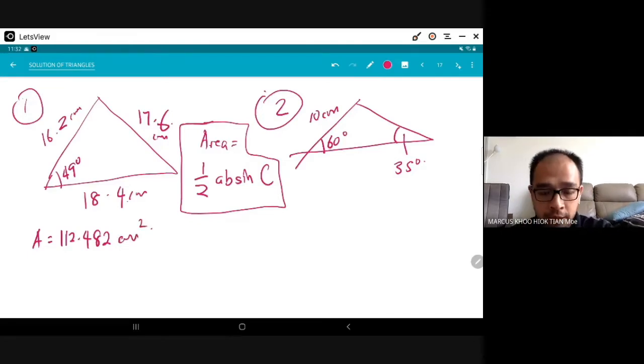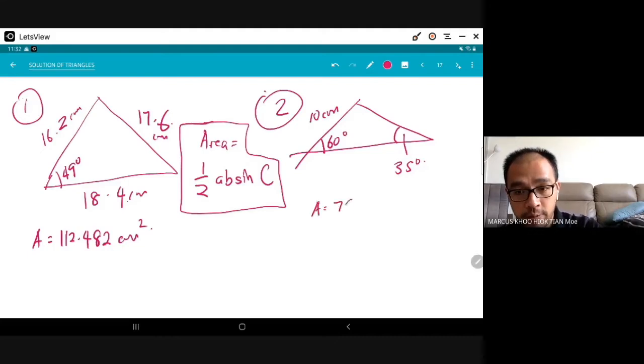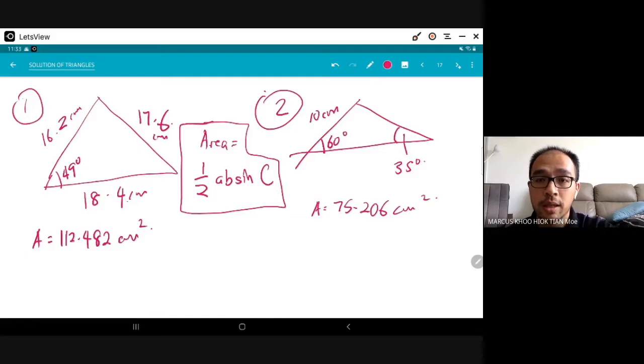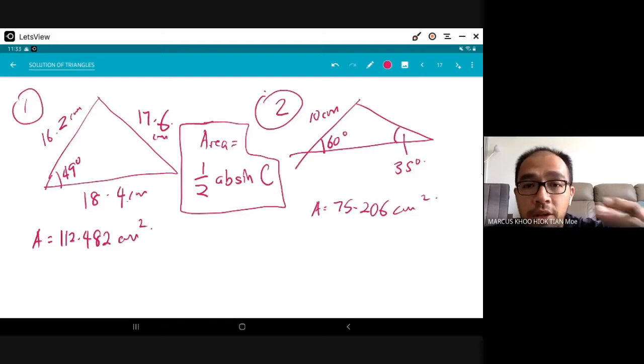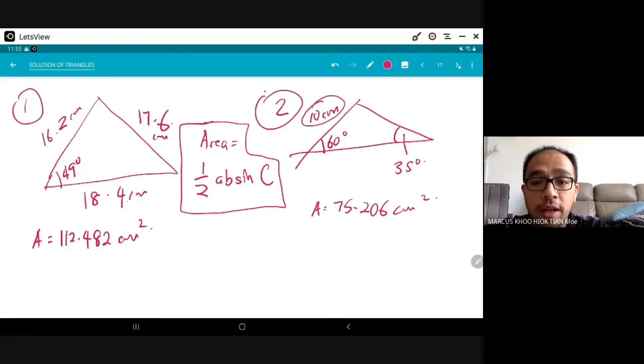Now question number 2. Can I have Stephanie for this? What did you get? 75.206. Okay, area is 75.206. Can you tell me how you got this answer? I'm not saying the answer is wrong, but I just want you to tell me what steps you took to get this answer. Because I only have one side, which is 10. How do I find another side?